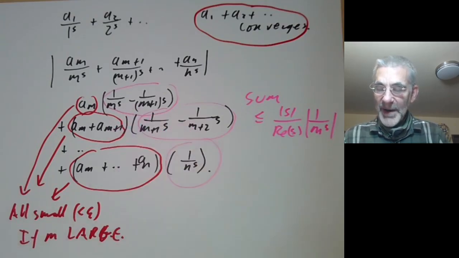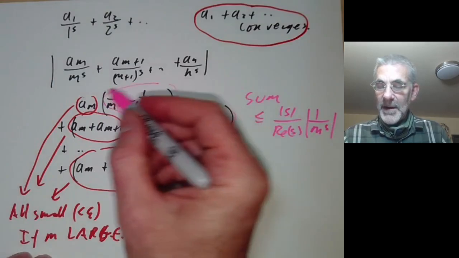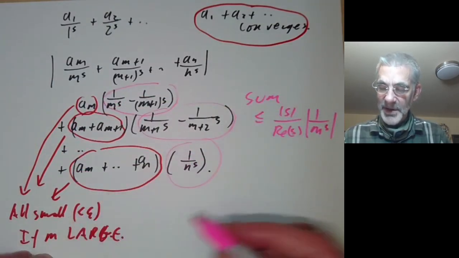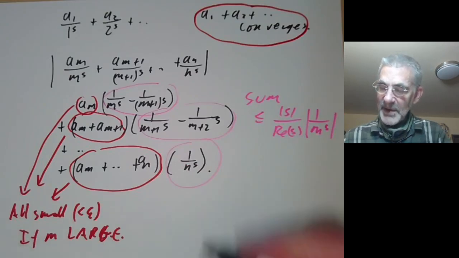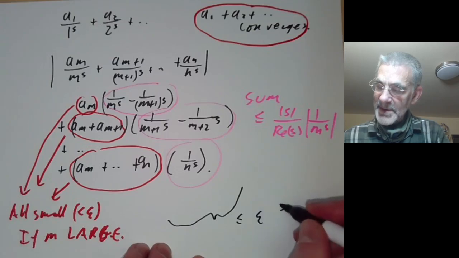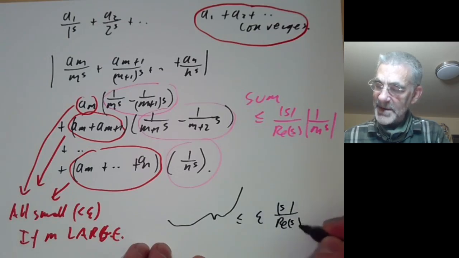If we combine these, we find that this sum here is going to be at most this sum here times epsilon. So everything put together is going to be at most epsilon times s over the real part of s times 1 over m to the s, and so on.